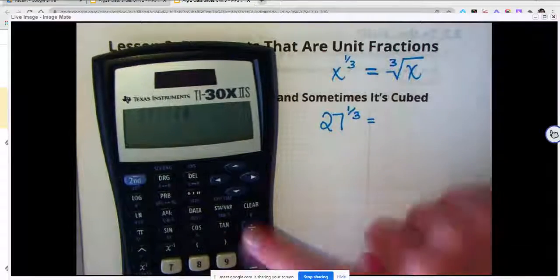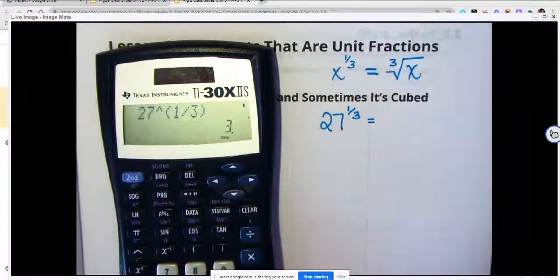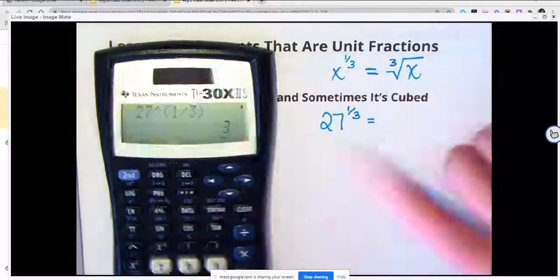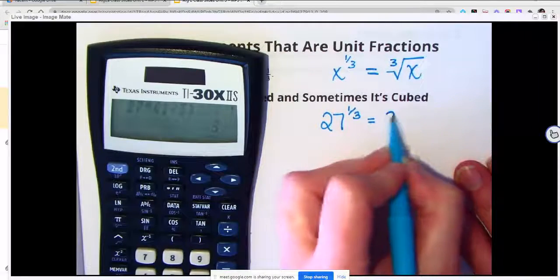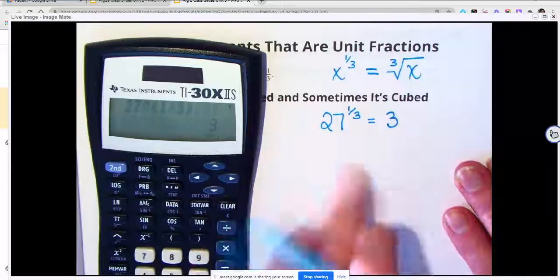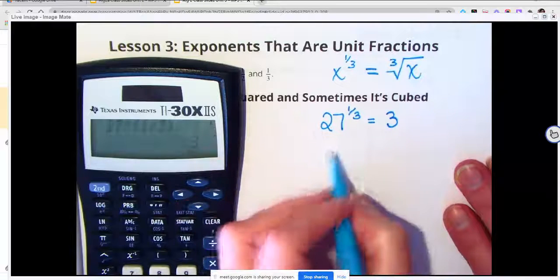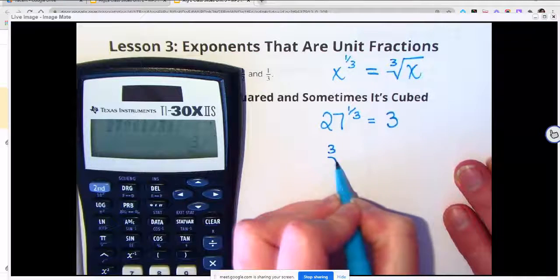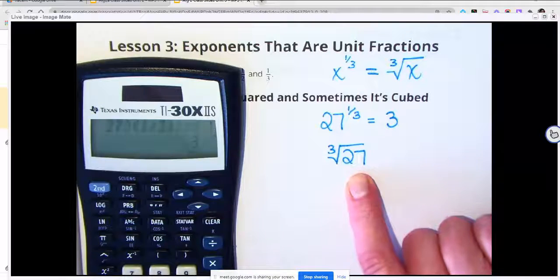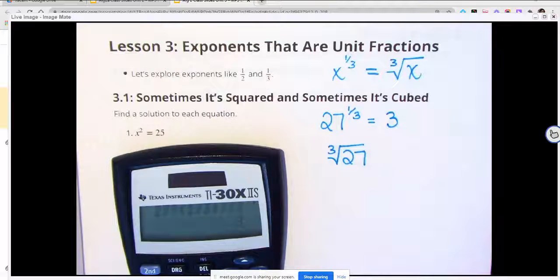Just make sure you're putting it in as a fraction. I was going to come up with 3. The reason why it comes up with 3 is that we're thinking of some number to the 3rd power. It's like doing the reverse of a third like that going on. So we could rewrite that as the 3rd root of 27. What side length would give me a volume of 27? Now we're back to what we just did in lesson 2.